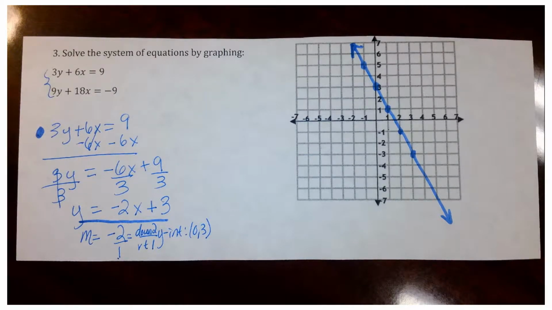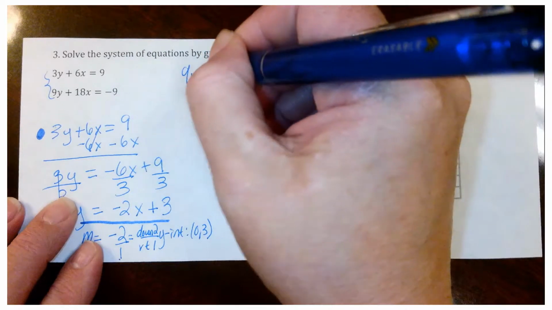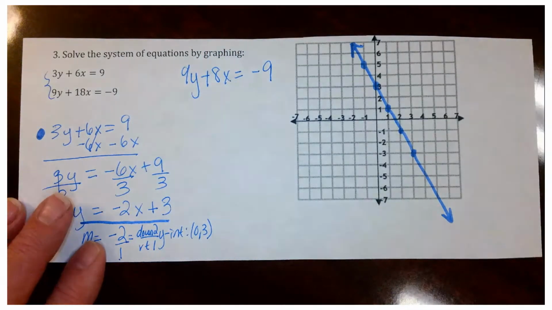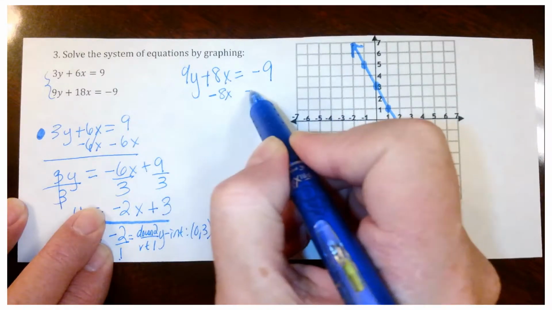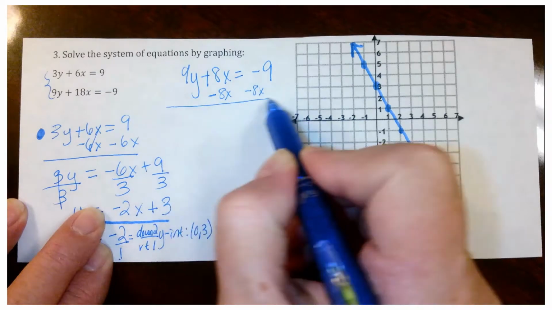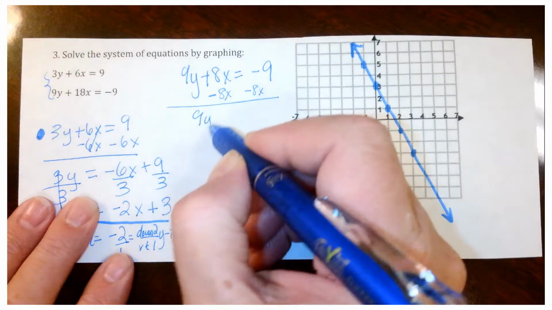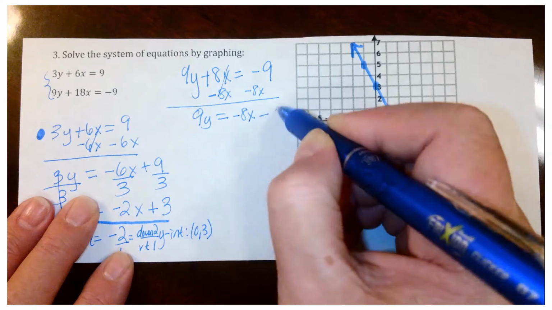So the second equation that we have here is also in standard form. So we need to change it to slope-intercept, and I do that by solving for y. So moving the 8x over, I get 9y equals negative 8x minus 9.